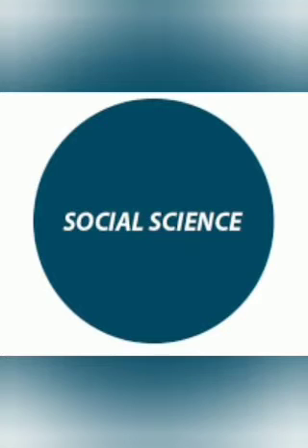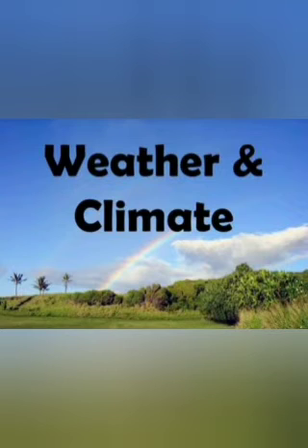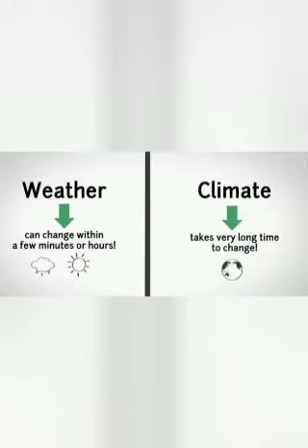We are in lesson number 6 in geography, weather and climate, isn't it? What we saw in the last class was the difference between climate and weather. The state of the atmosphere at a specific time at any one particular place is called weather.